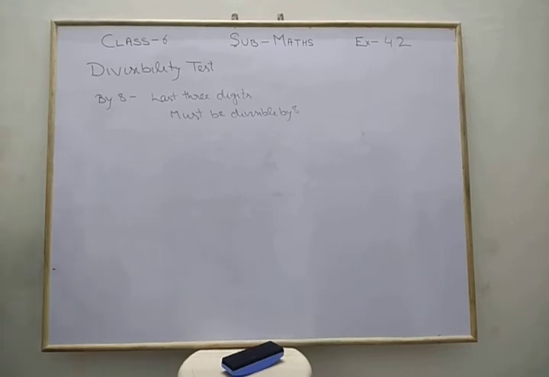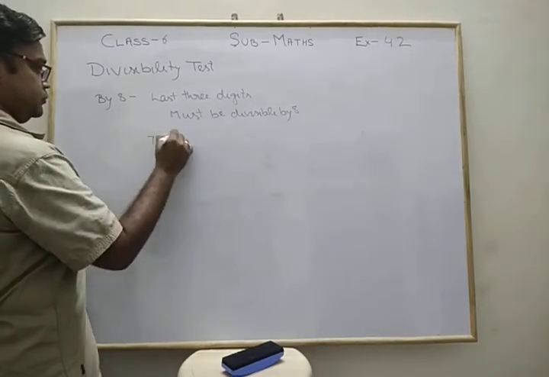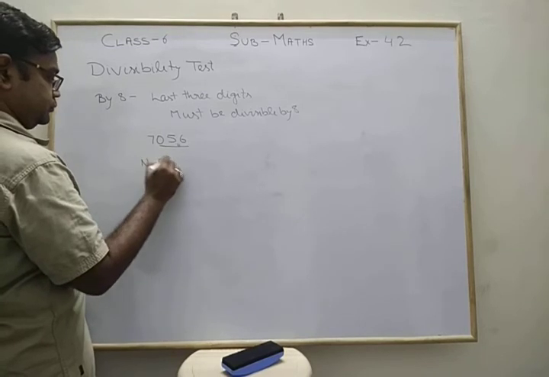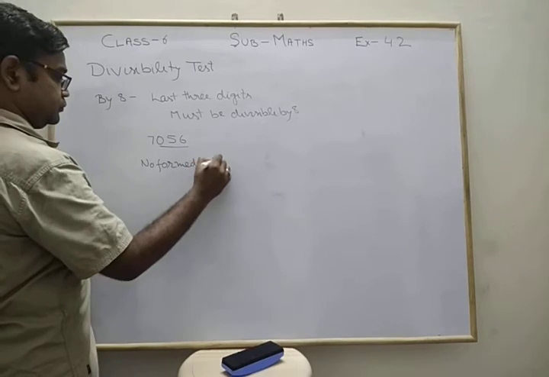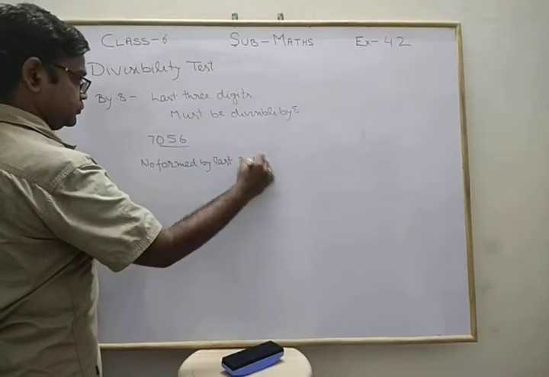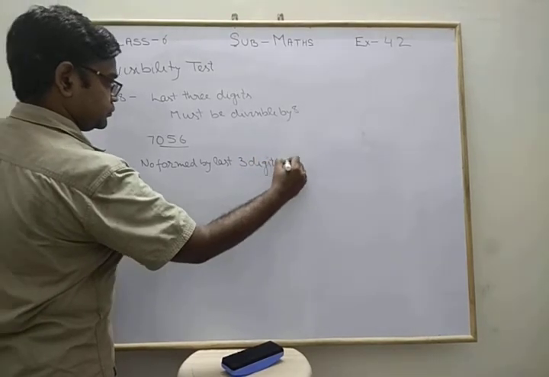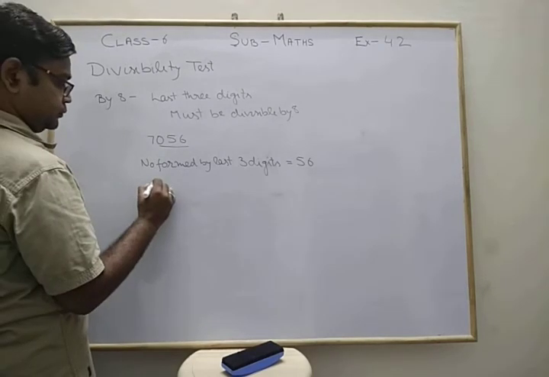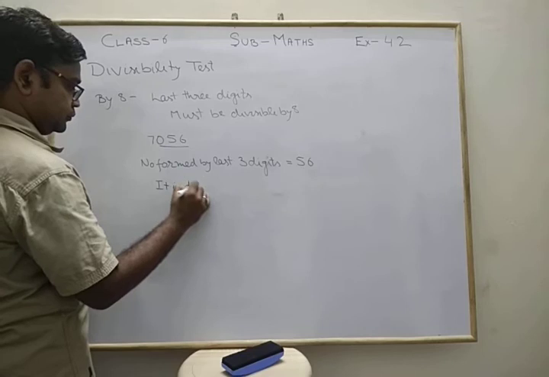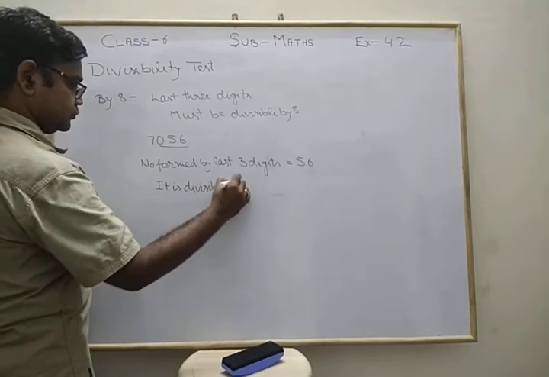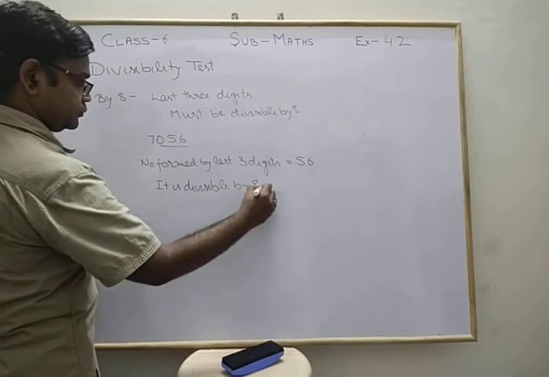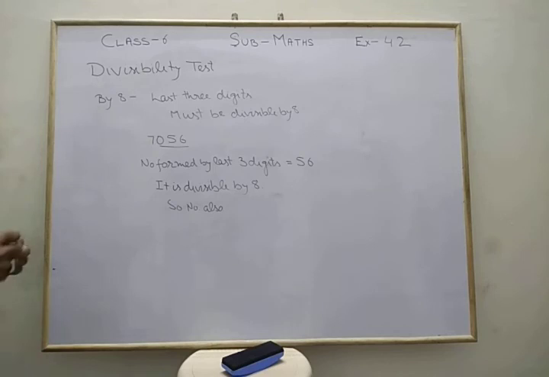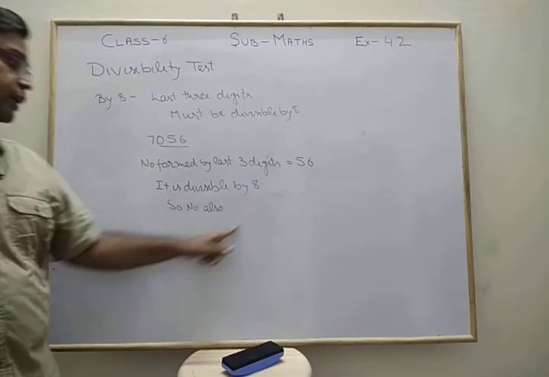Suppose we are choosing a number 7056. The number formed by the last 3 digits is 056. If the number formed by the last 3 digits is divisible by 8, then the number is also divisible by 8.